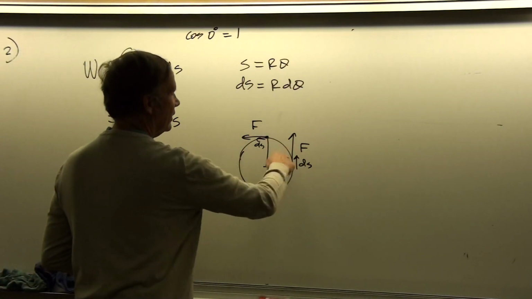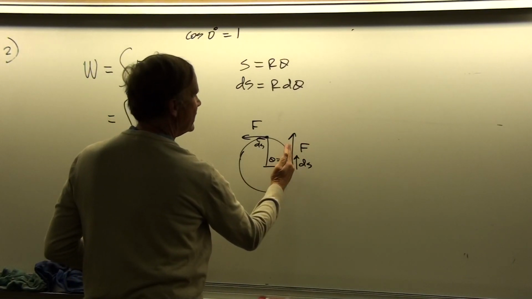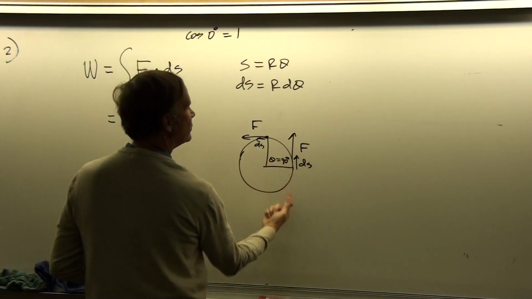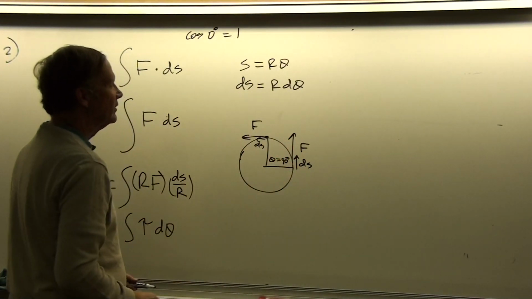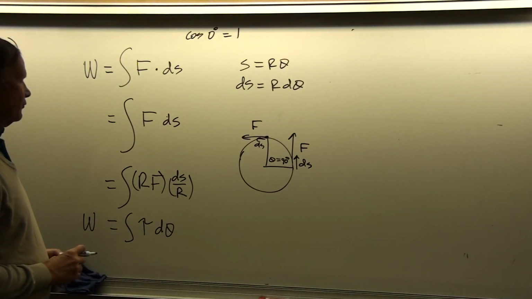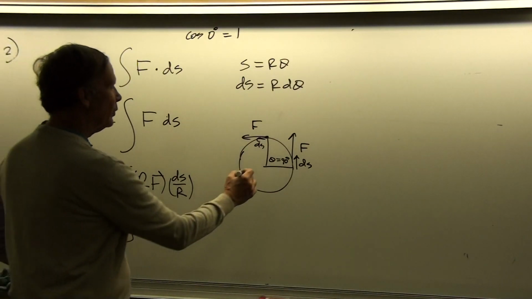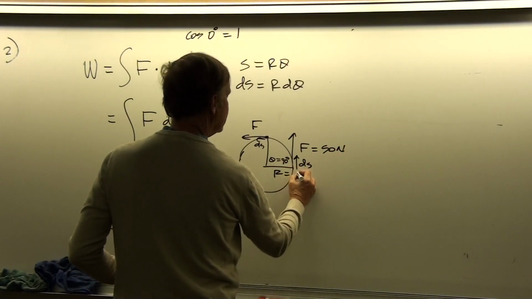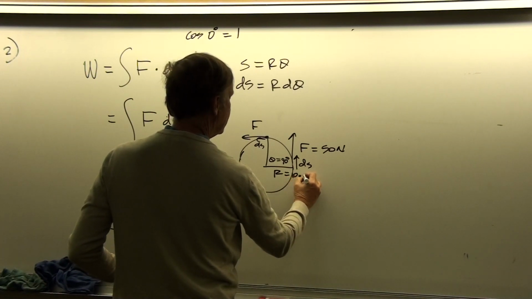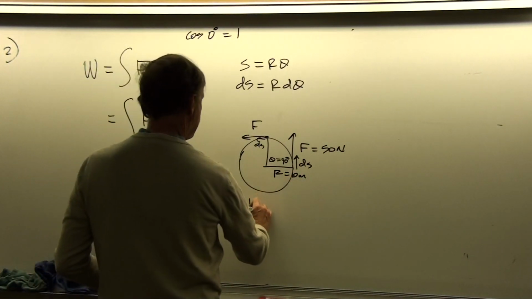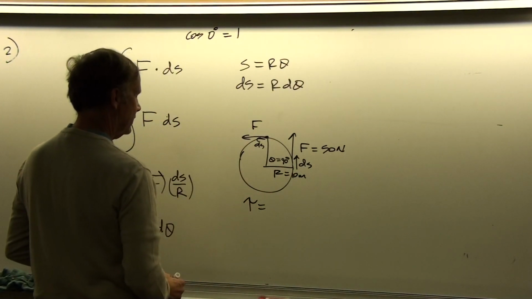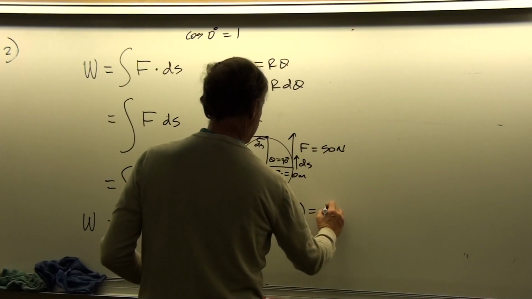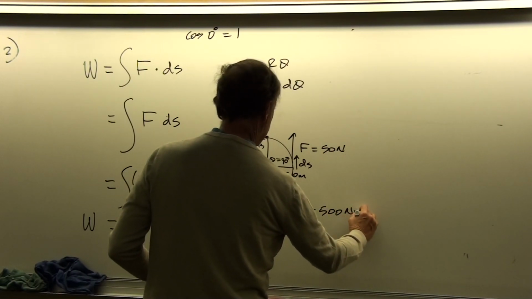Or you could have a little motor here that was powering a disk that was in static friction contact with this disk that was providing a constant force at just that location. That would be the same basic result. So for this problem, let's say that the force is equal to 50 newtons and the radius is equal to 10 meters, then the torque would be equal to 50 times 10, or 500 Newton meters.